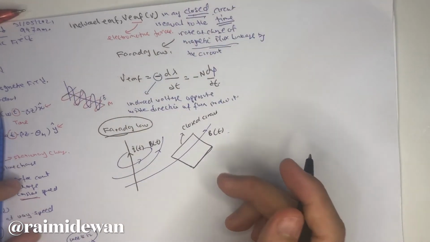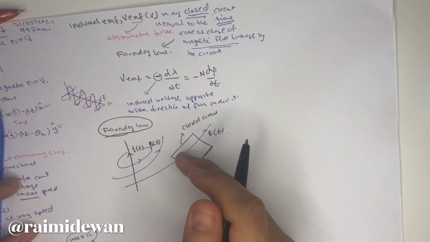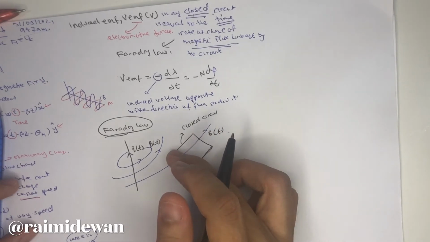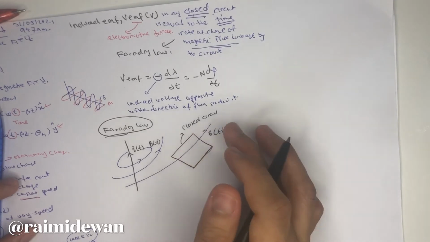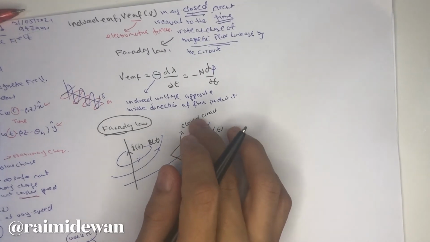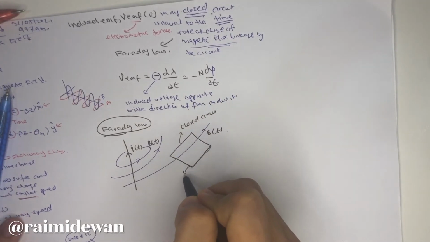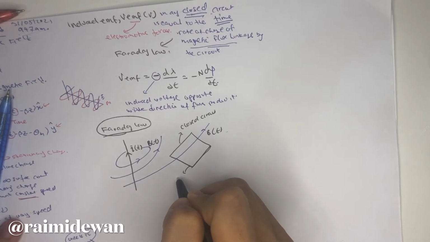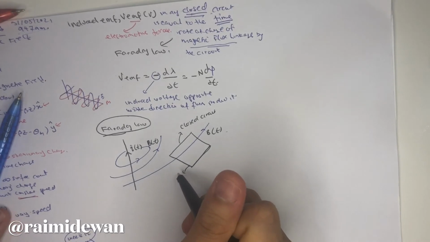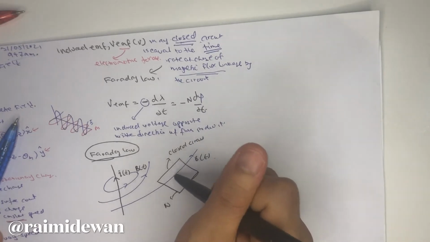So when you have your B, this magnetic flux, passing through this closed circuit, you can imagine it can have a number of turns. These turns can be 1, 2, 3, and so on. If this closed circuit only has 1 turn, then it's good.